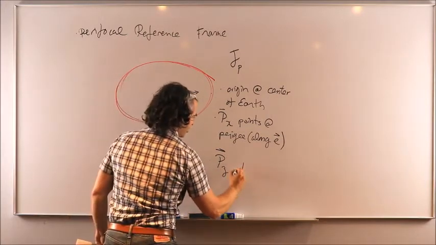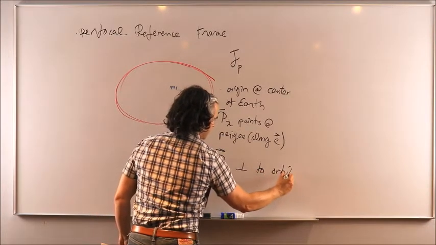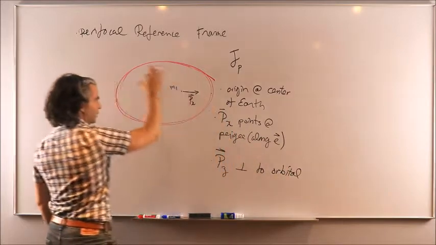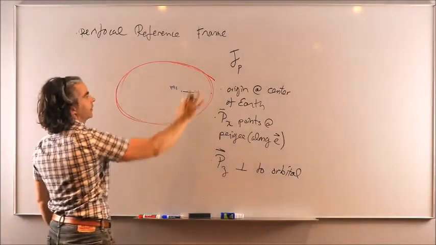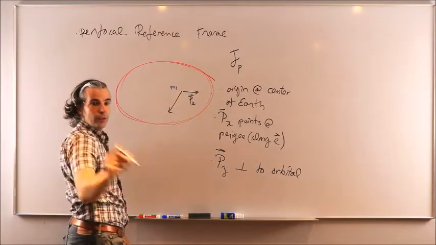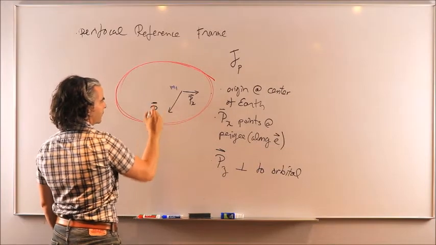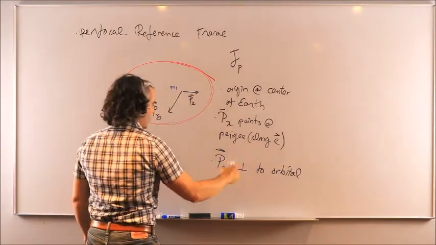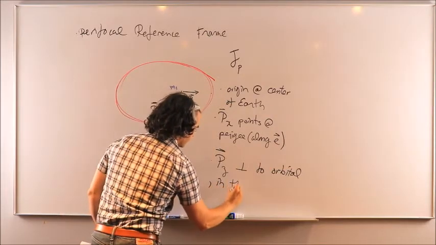So I'm going to say normal to the orbital plane, which in this drawing happens to be the plane of the whiteboard, because the orbit is drawn in this plane. So Pz will be out of the board, pointing directly towards you. This is Pz.